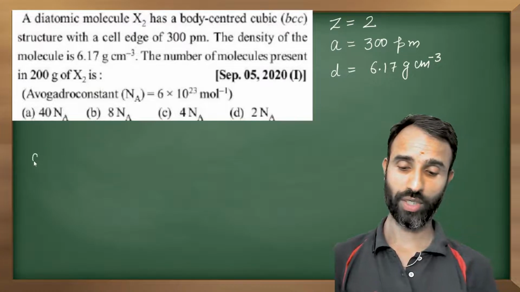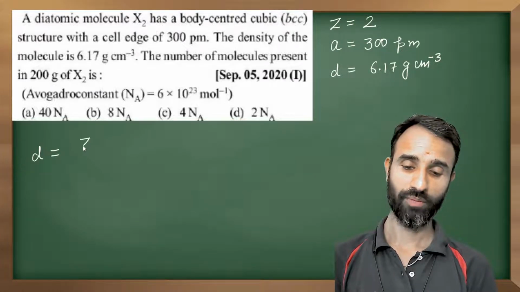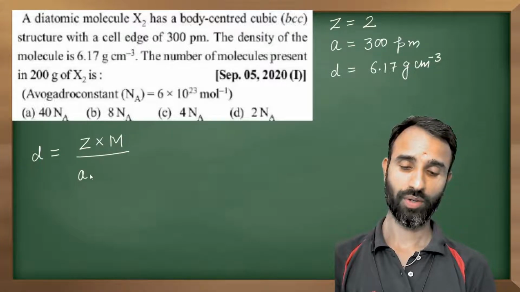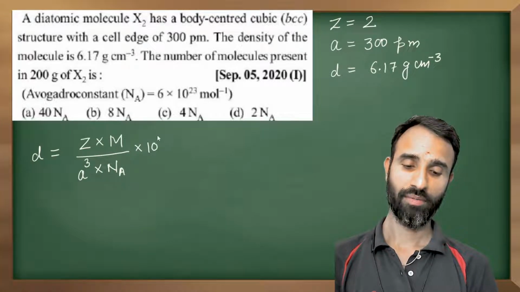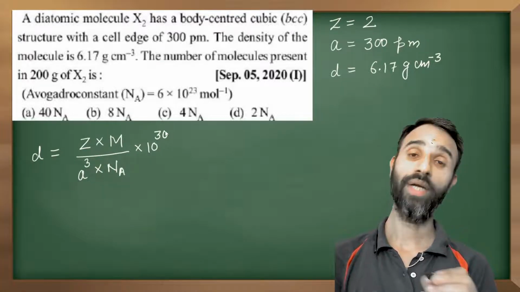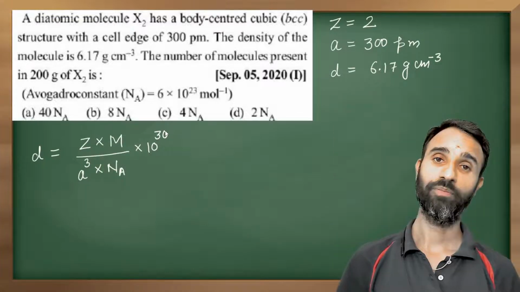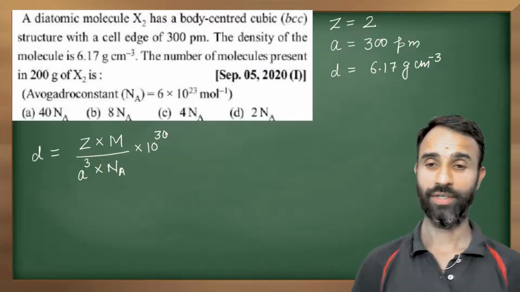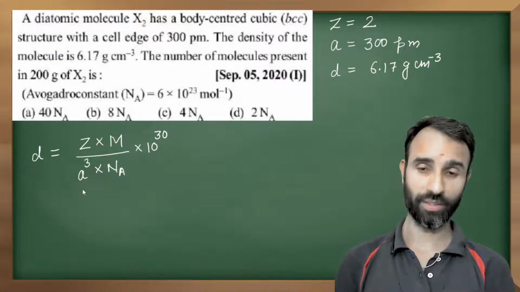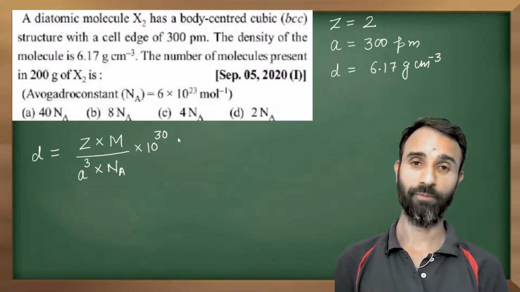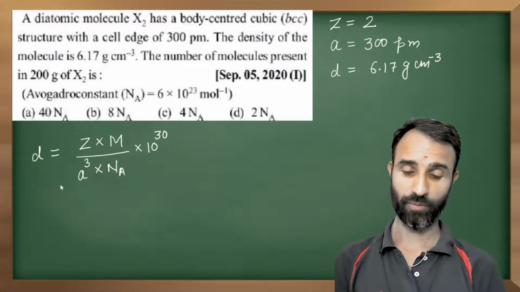Now, the relation is D equal to Z into capital M upon A cube into Na multiplied by 10 raised to power 30. Here A is in picometer, that's why I write 10 to the power 30.